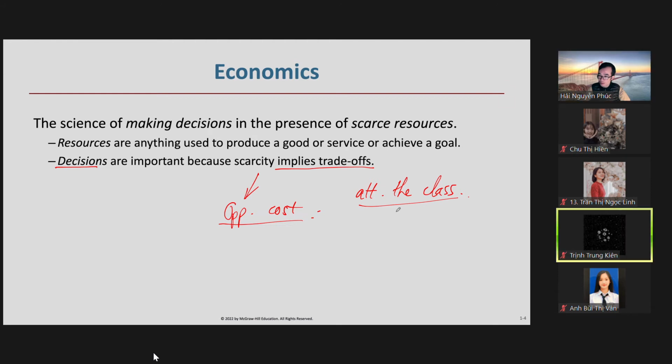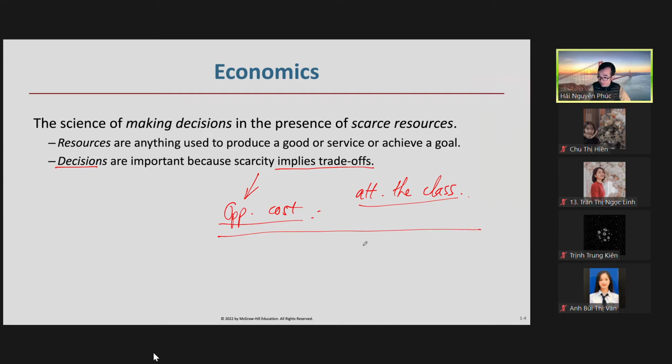Yes. Right? If we change something, you can see that it is going to be harder to attend the class. For example, you have another option or an alternative for this afternoon.